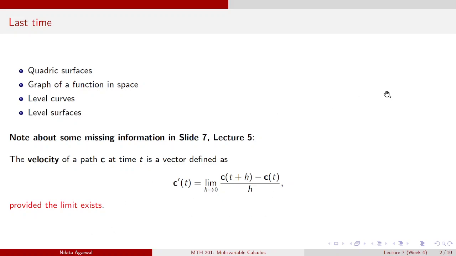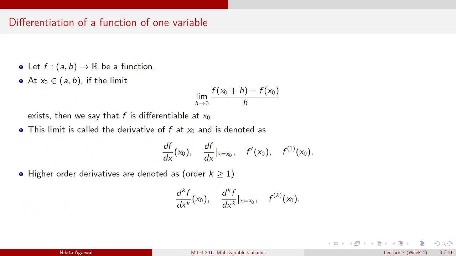Today we are going to focus on functions of two variables primarily and define the notion of partial derivatives. Recall when you have a function from an interval to R, a function of one variable, you already know the notion of differentiability at a point.